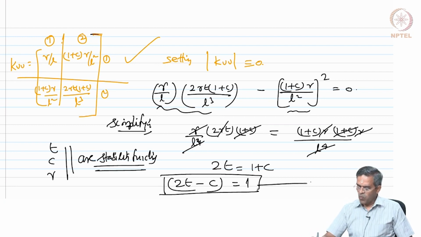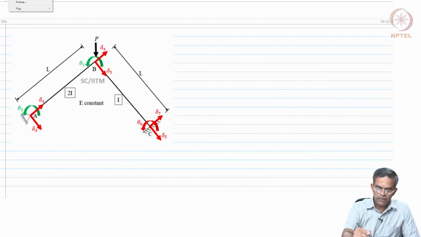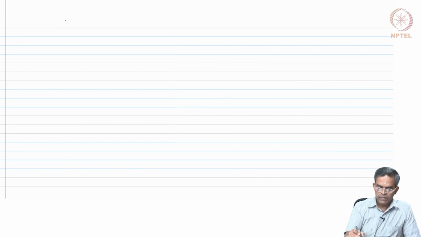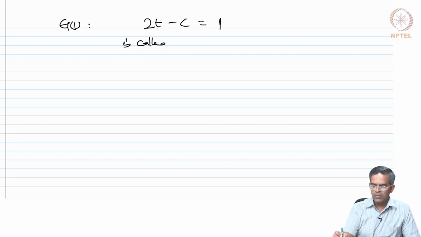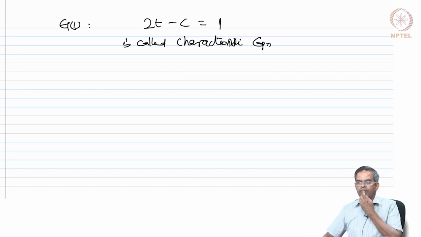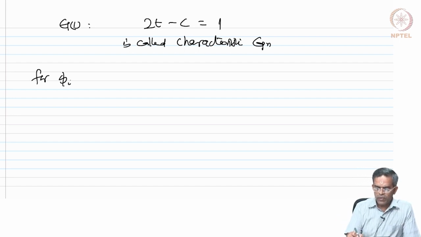So, the equation 1 on the screen, which is 2T minus C is 1, is called characteristic equation. So, now for different values of phi I, we have the stability charts, is it not?